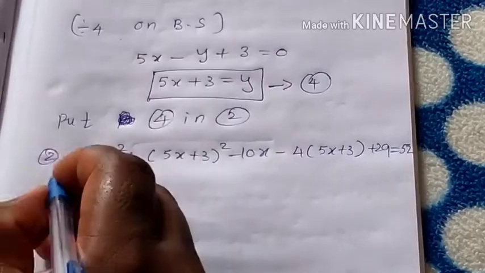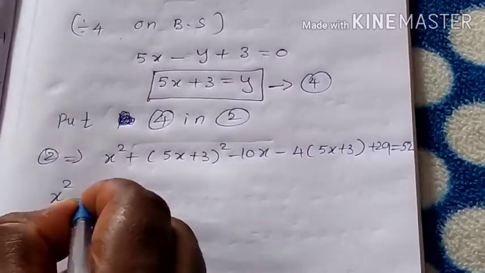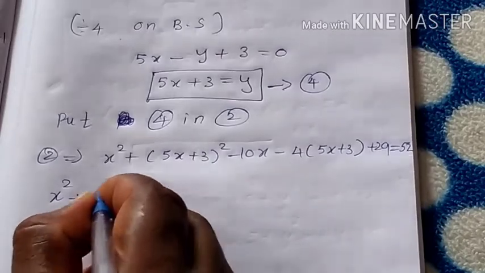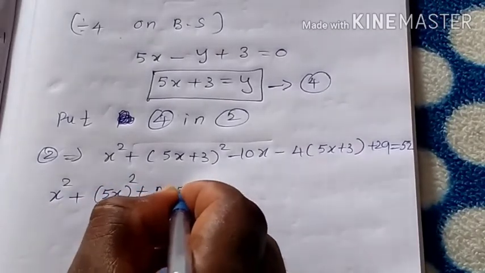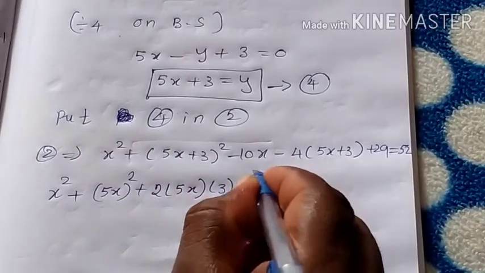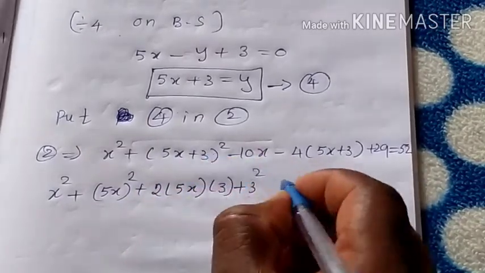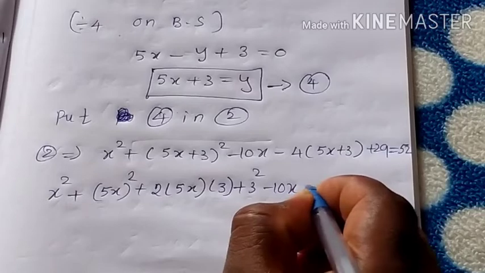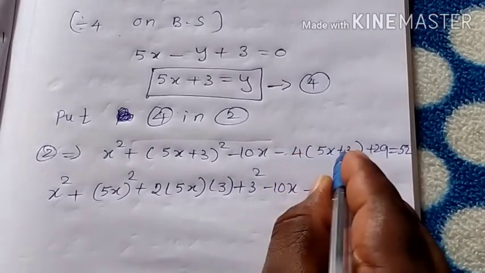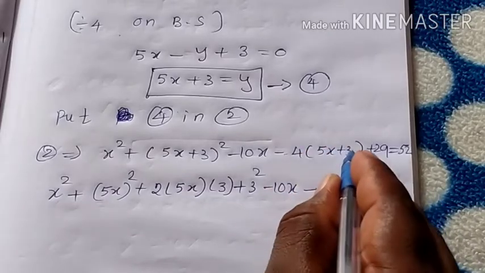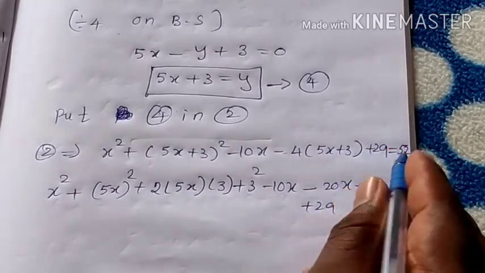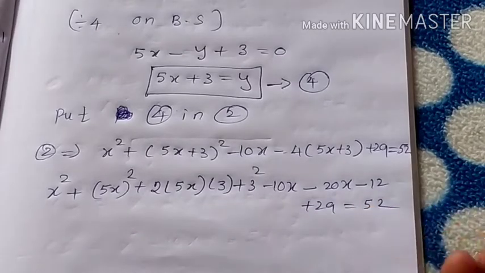Then x square plus a plus b whole square, so a square plus 2ab plus b square. Expand the algebraic identity. Minus 10x, minus into plus minus, 4 5s are 20x, minus into plus minus, 4 3s are 12. Plus 29 equal to 52.